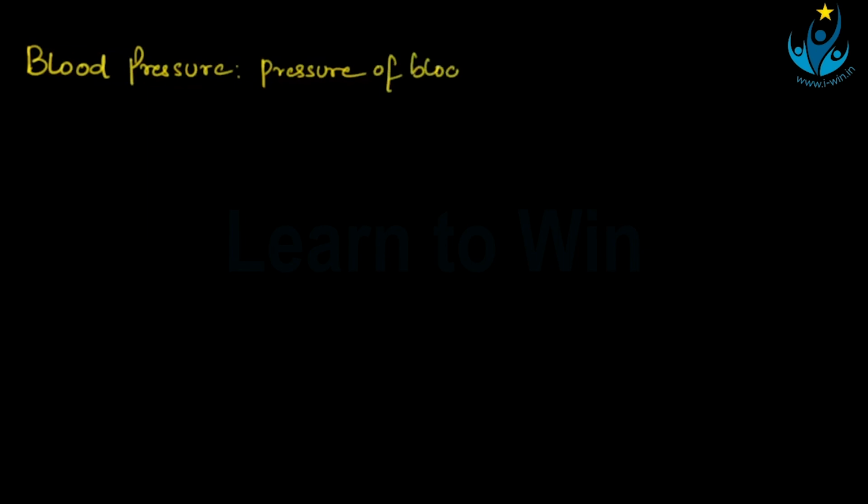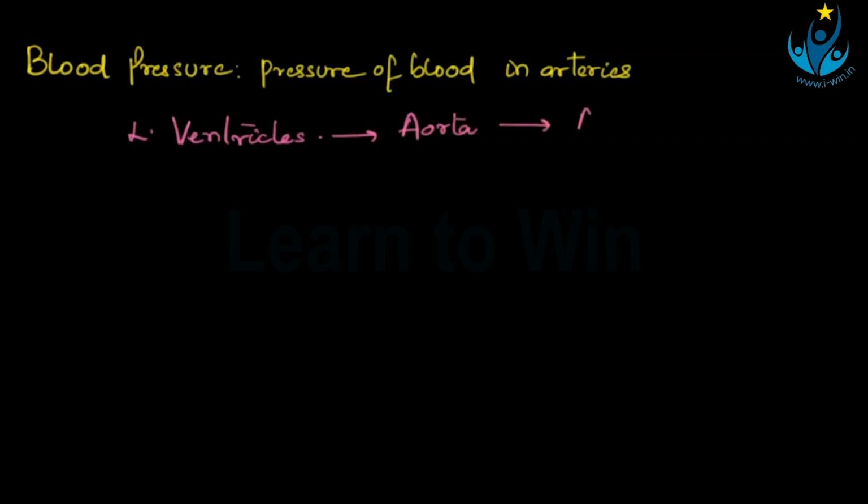The movement will be like this: from the ventricles, left ventricle more specifically, to the aorta, and from the aorta to the arteries. Whatever pressure of the blood there is here is called the blood pressure.